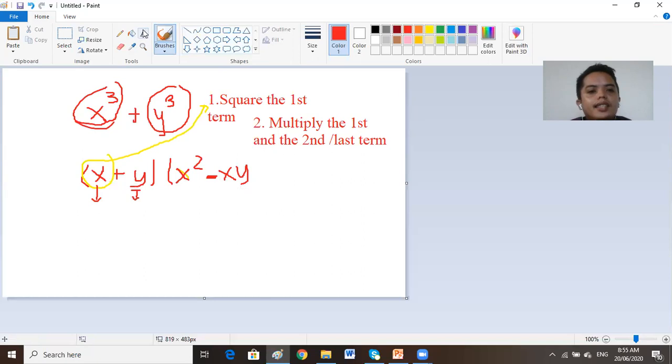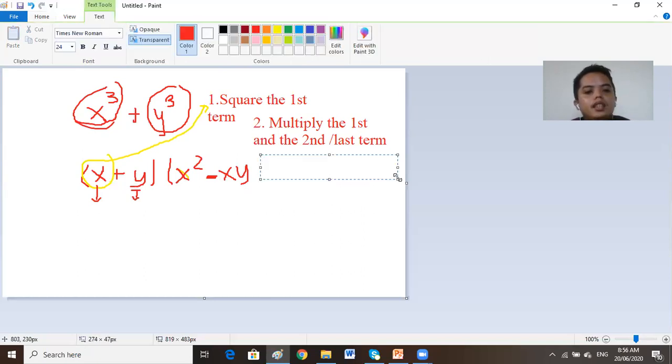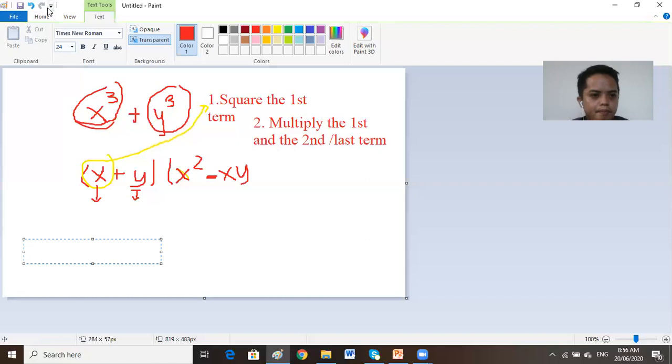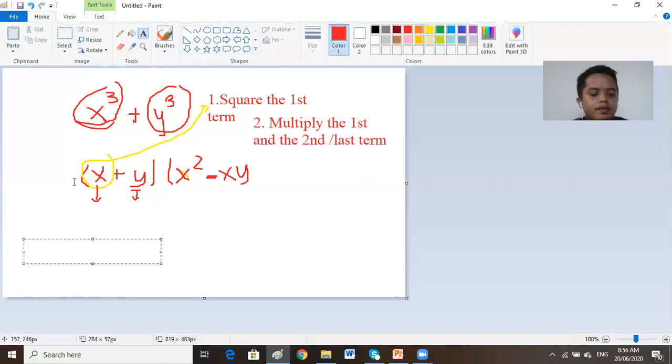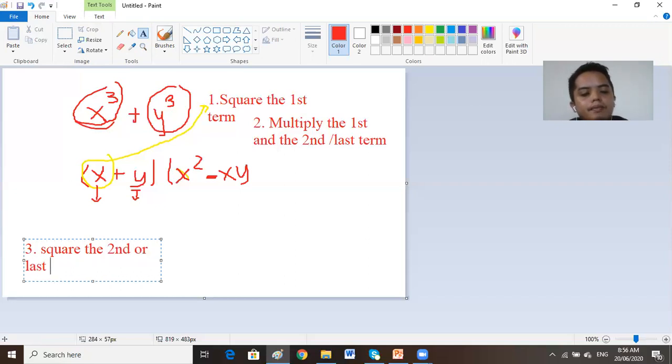And then for the last step, I'll just write here, for the third step, square the second or last term.